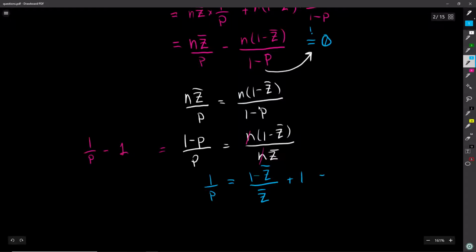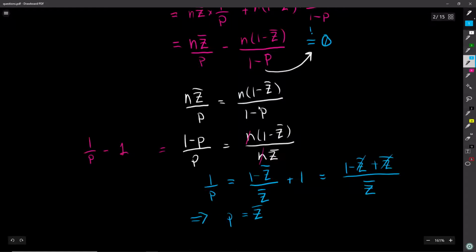Right? This plus 1 we can write as z bar over z bar. So that's going to be 1 minus z bar plus z bar over z bar. Those cancel out. And so we're left with 1 over p equals 1 over z bar, or alternatively, p equals z bar.